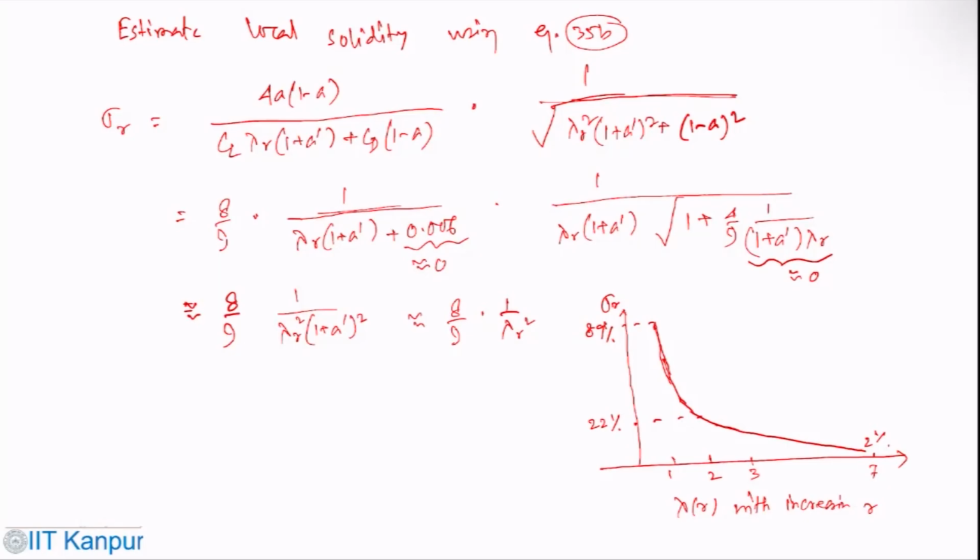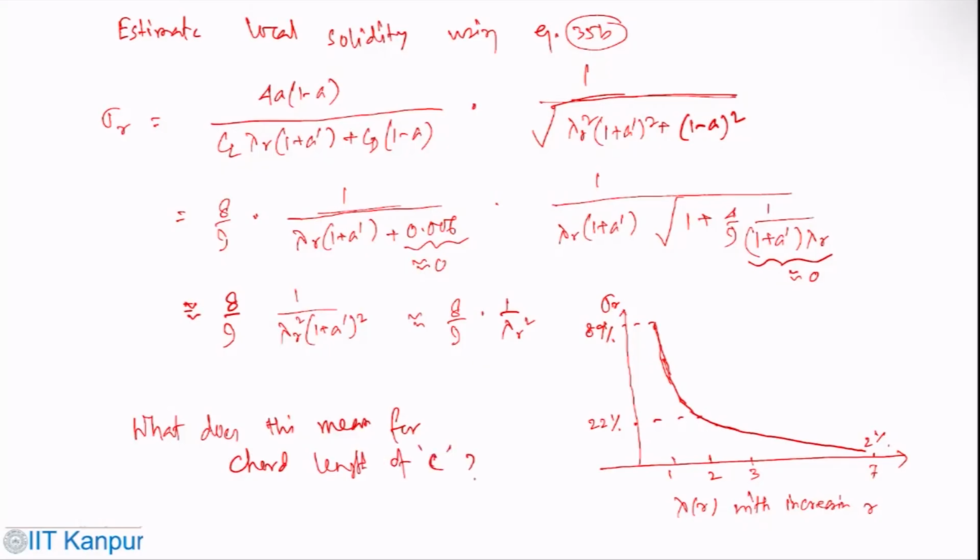Now, what we can find out, so essentially the point here is what does this mean for chord length C?